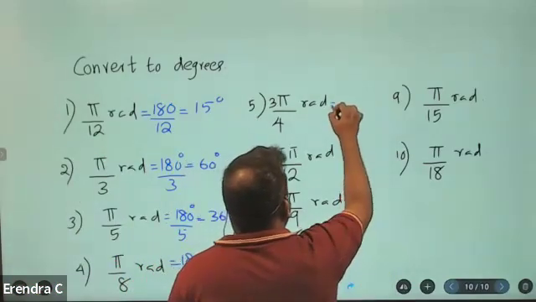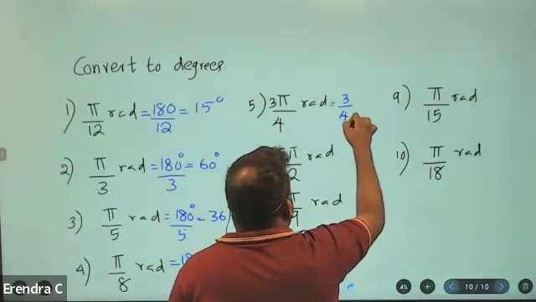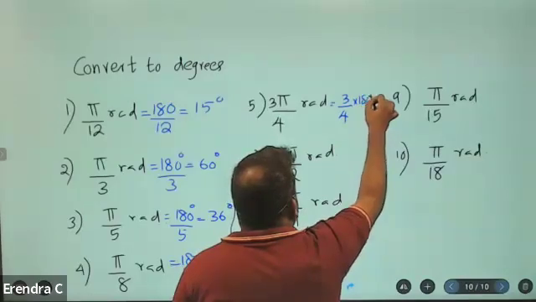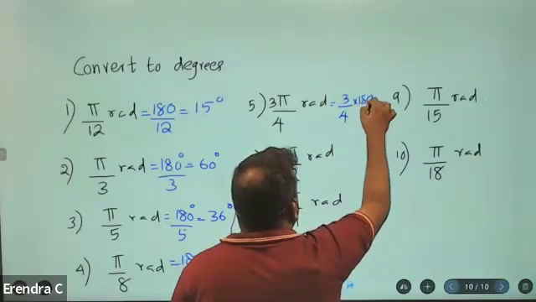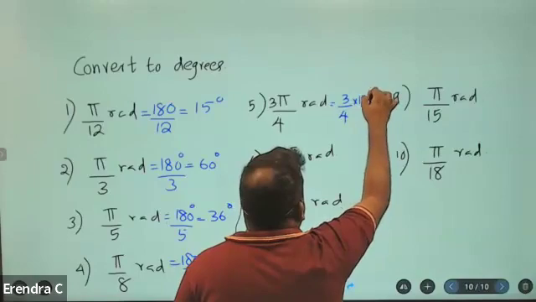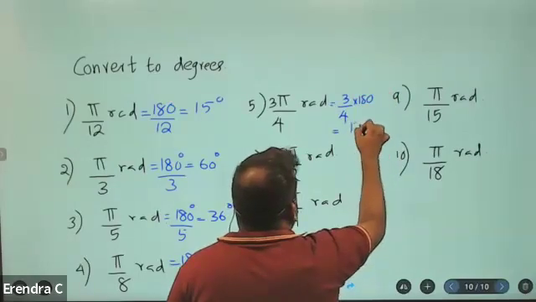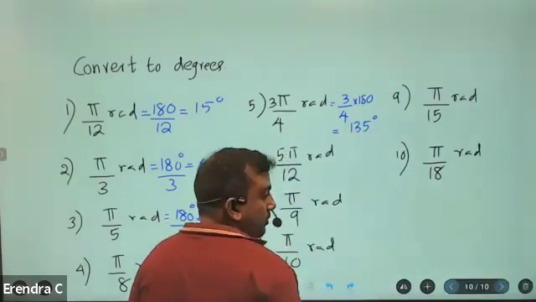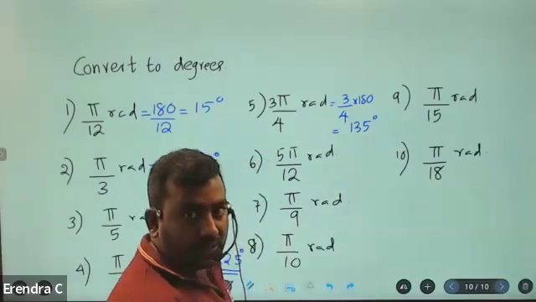Here, 180 multiplied by 3 divided by 4. How much? Here we have 45. 45 times 3, 135. No? 135. You all got this?